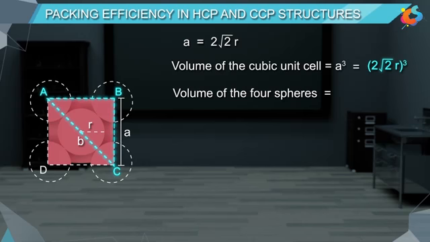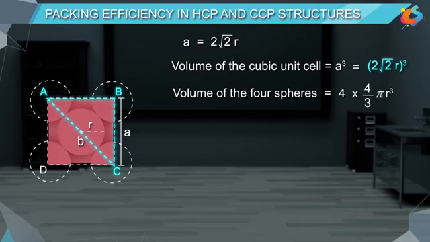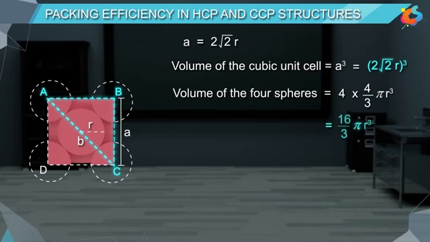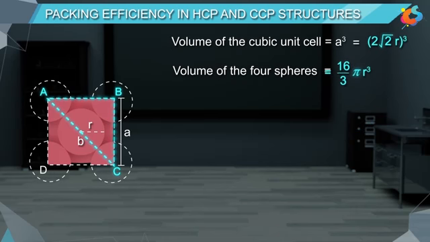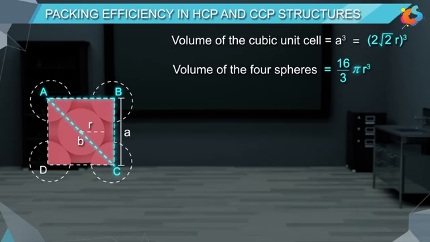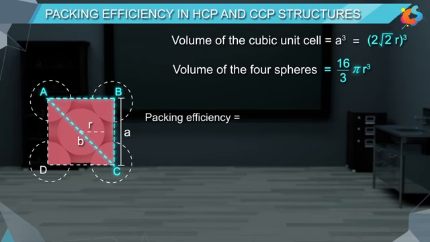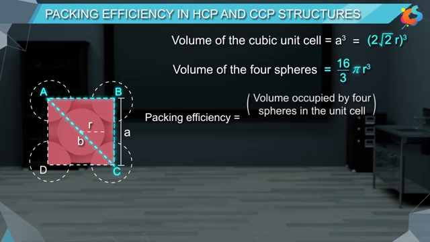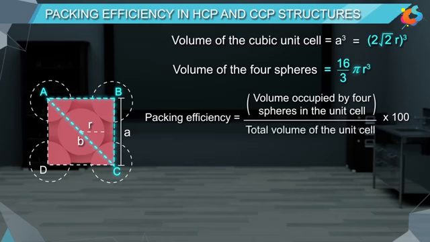Volume of the 4 spheres is equal to 4 times 4/3 πr³, which is equal to 16/3 πr³. Now let us calculate packing efficiency. Packing efficiency is equal to volume occupied by 4 spheres in the unit cell times 100 by total volume of the unit cell, percentage.